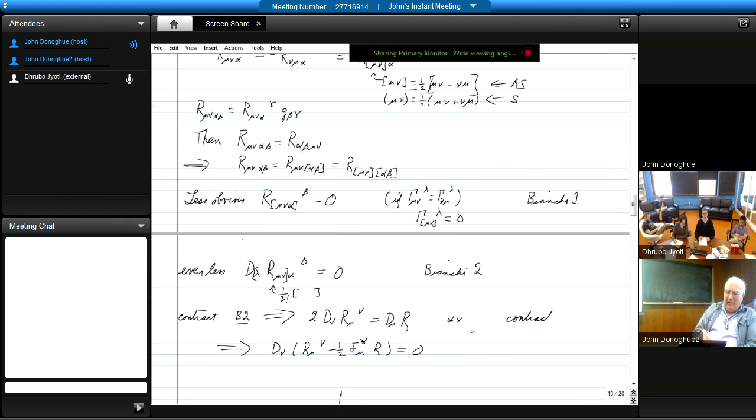So this is the contracted Bianchi identity, or often just called the Bianchi identity. Its beauty is that this here is going to be the Einstein tensor G mu nu, and so this Einstein tensor is going to be conserved.